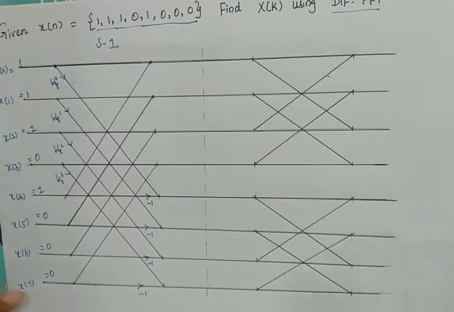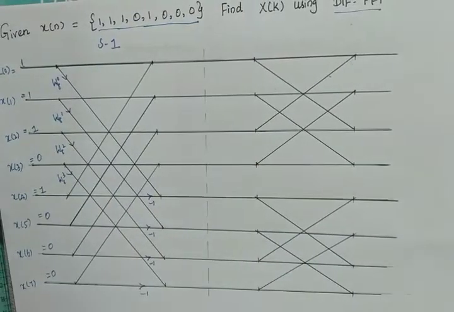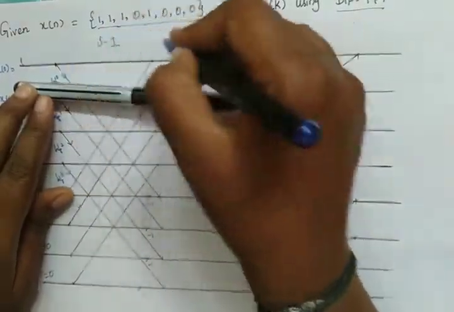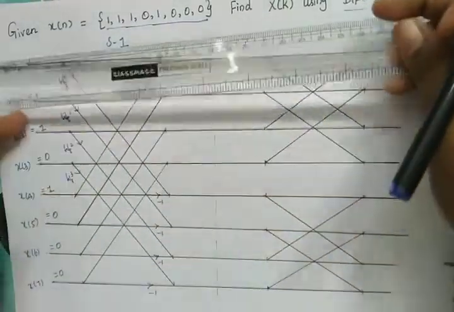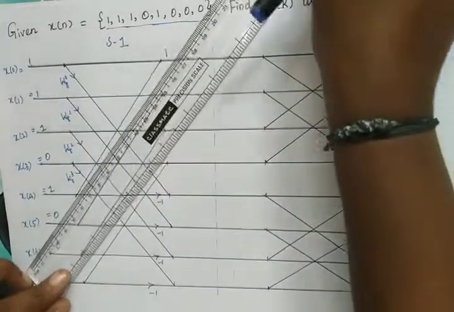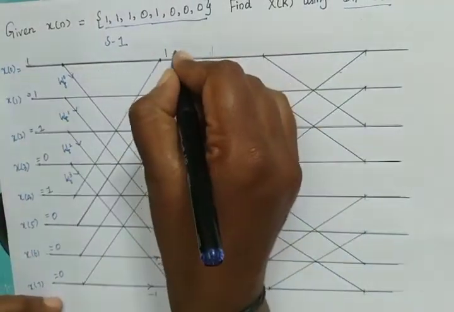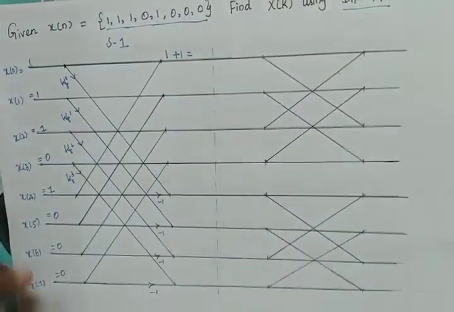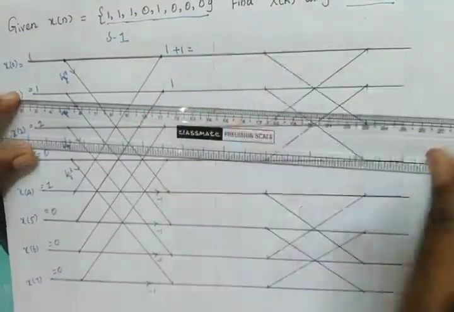Now what we have to do? Check this line. Here we have 1, 1. Check this line. Here we have 1. Then check this line, 1 plus 1. We'll write the answer later. Now check this line. Here it is 1.